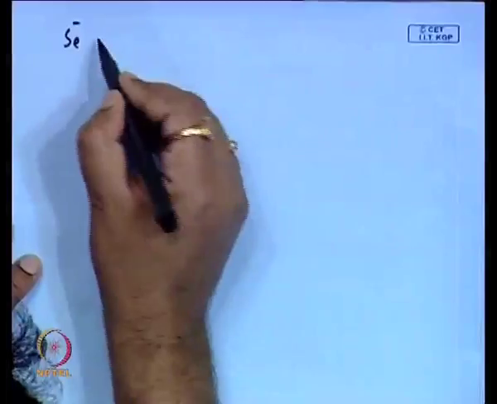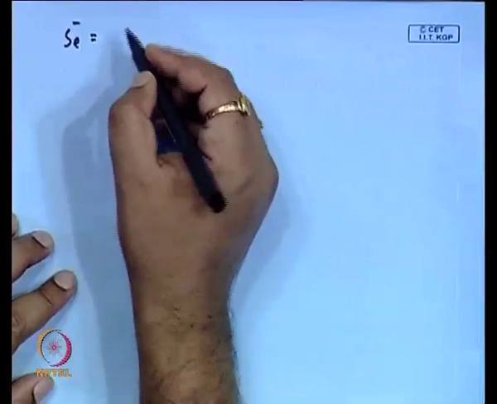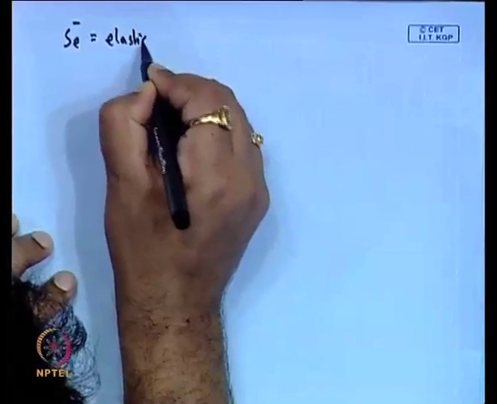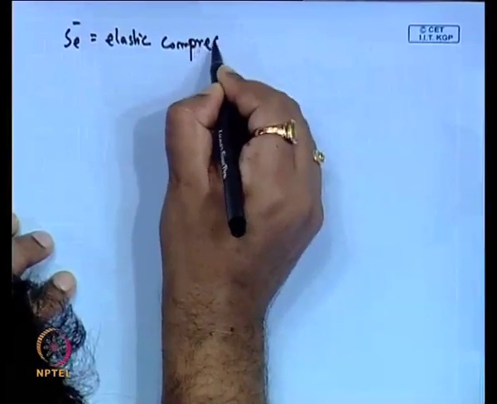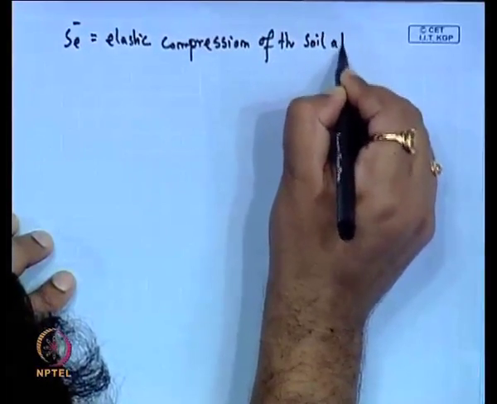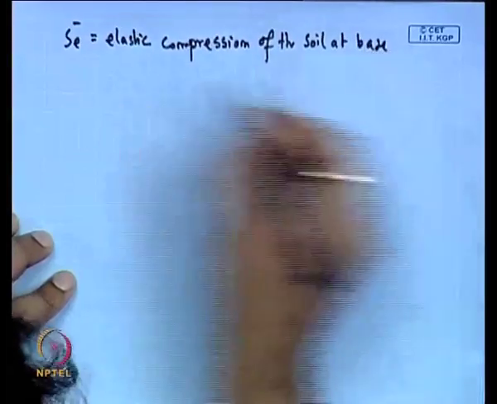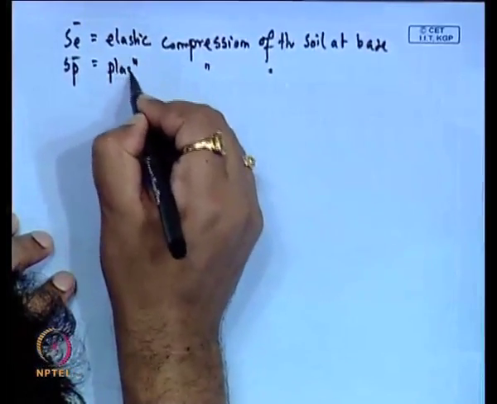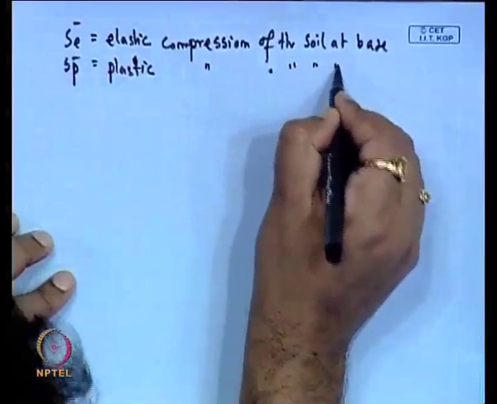Now, if I further write this expression in a different form, S E dash is the elastic compression of the soil at the base, and S P dash is the plastic compression of the soil at the base.